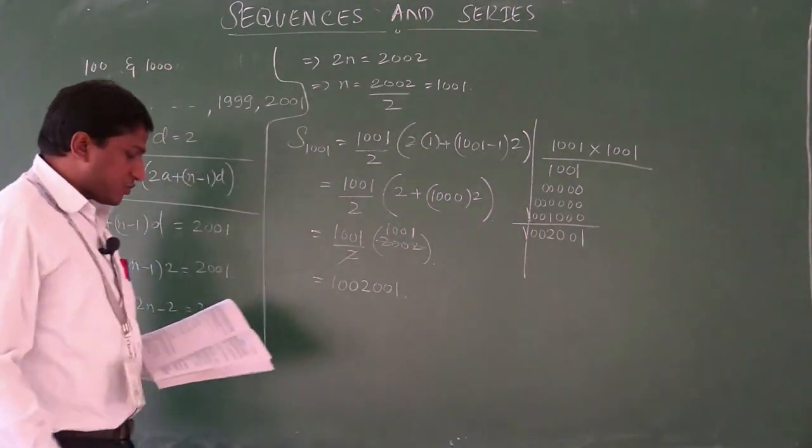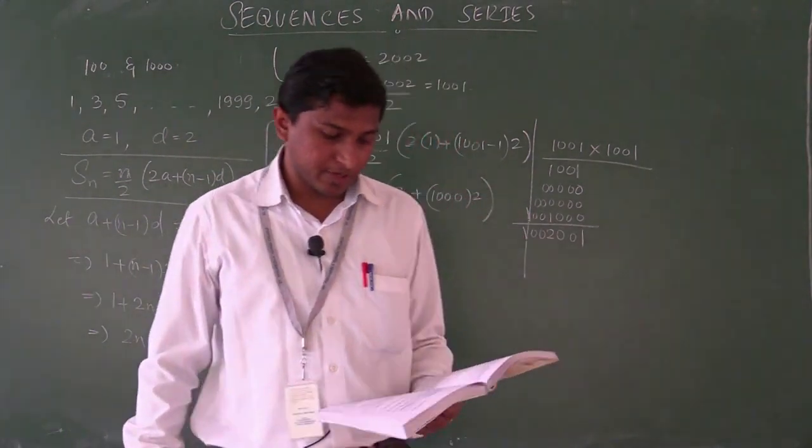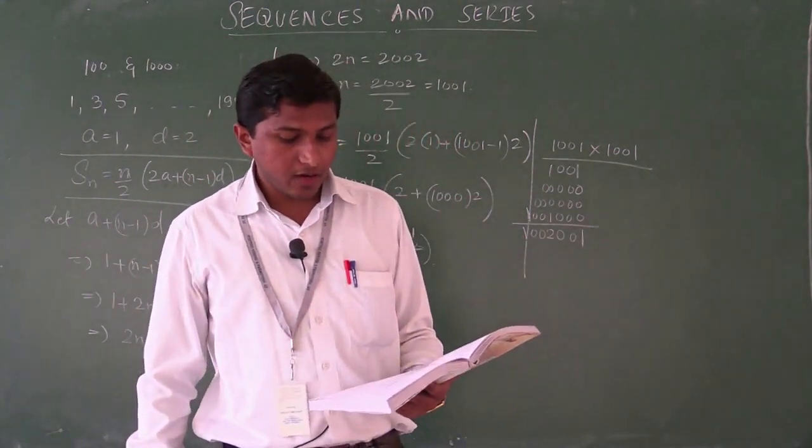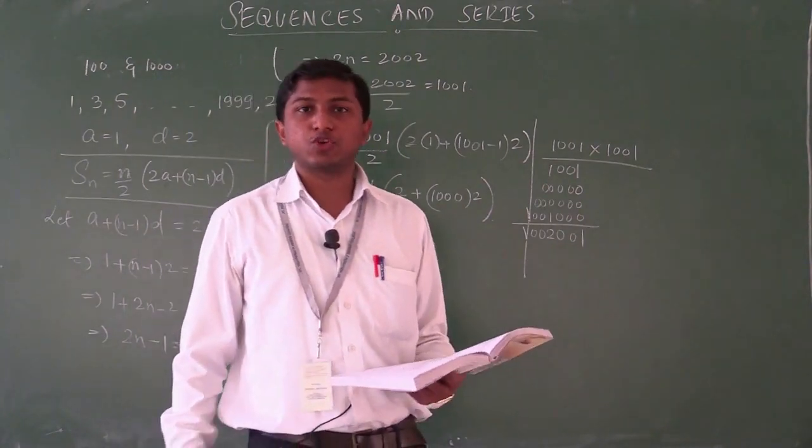I repeat the question once again. Find the sum of all natural numbers lying between 100 and 1000, which are multiples of 5.